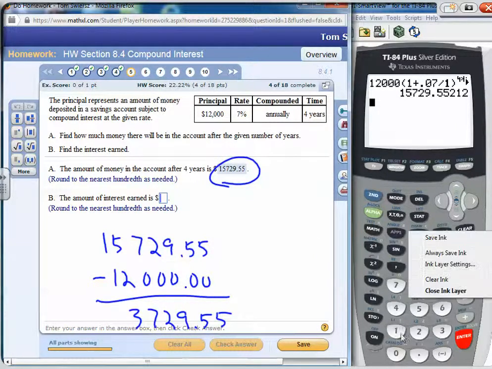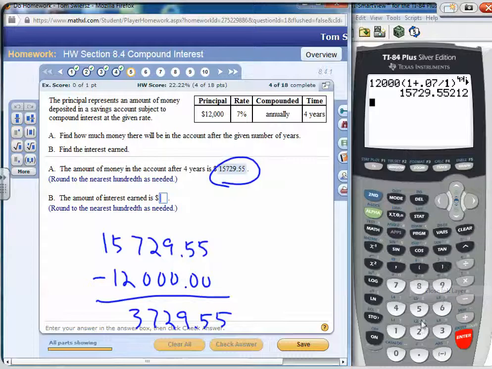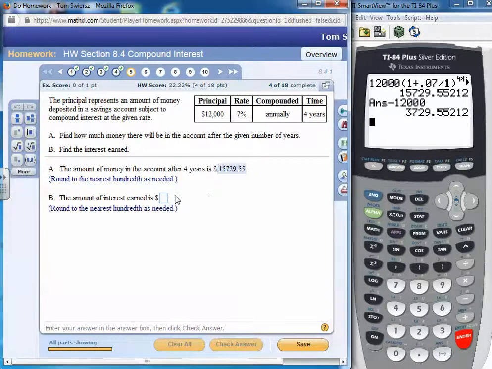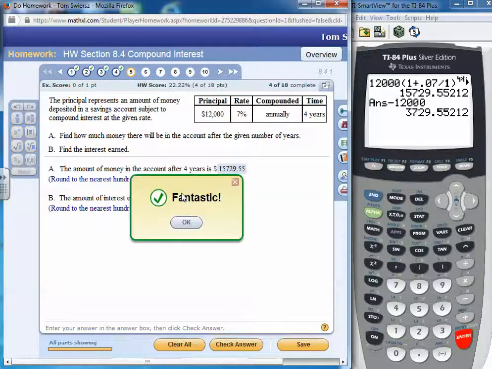So if we just check it on the calculator, we can subtract answer minus 12,000, and we get $3,729.55.